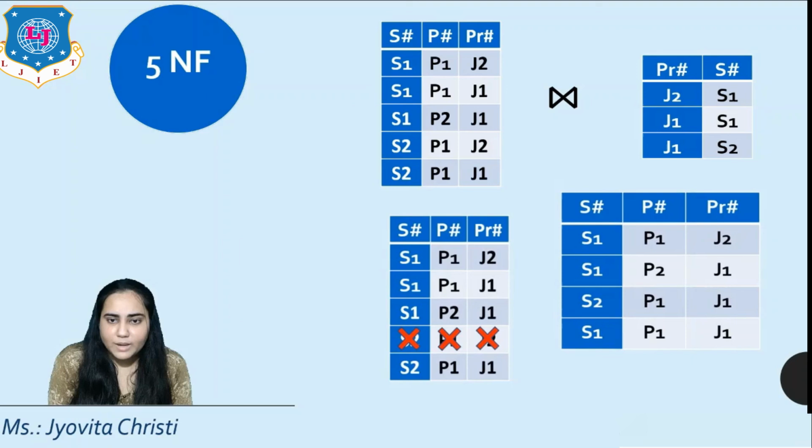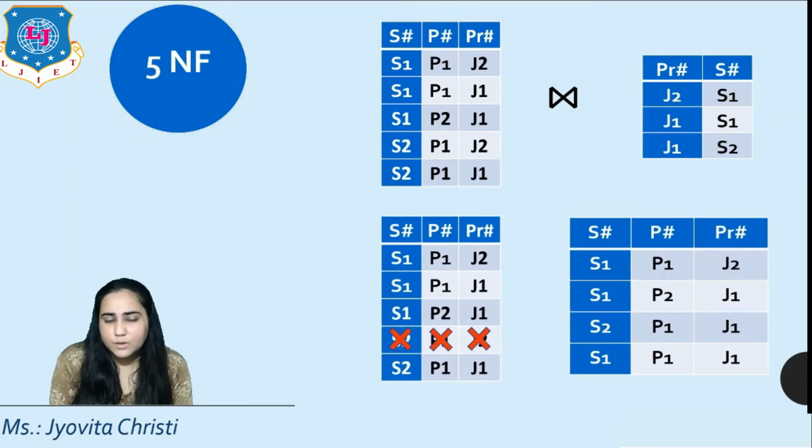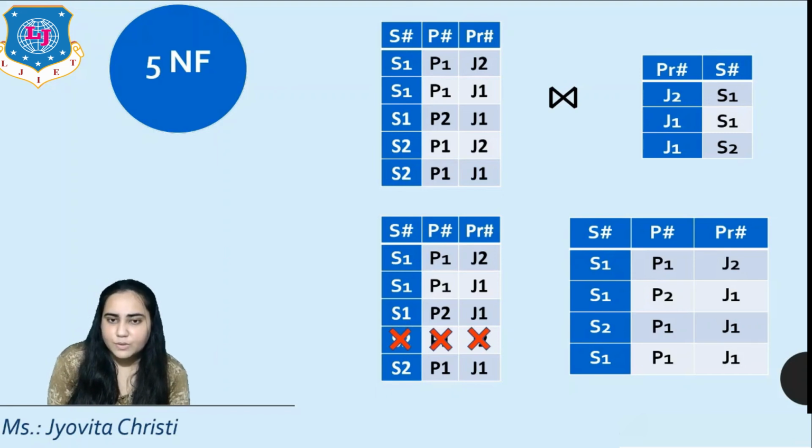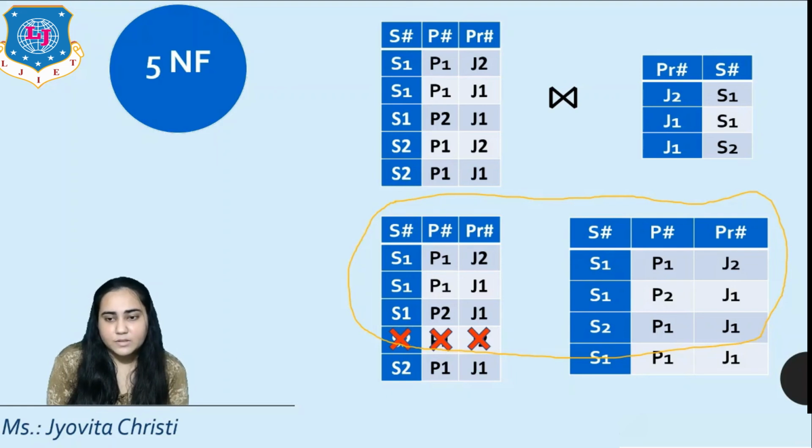So if you match it with the original table, then you can notice that it's actually the same. All the rows, all the values are matching exactly in the same way as you can see. So this is called a join dependency.